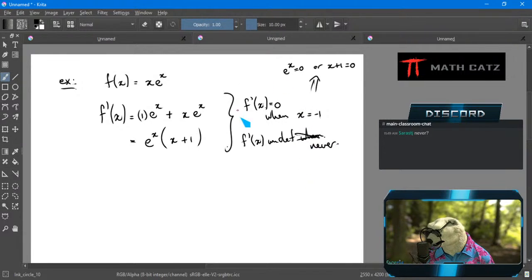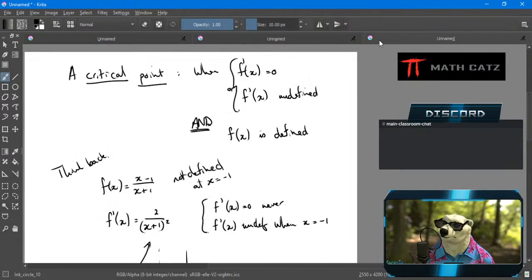So the only point of interest in terms of increasing, decreasing behavior is x equal to -1. I'll call this my potential critical point because I've done half of the check. I've done the top part. I need to make sure it's actually defined there.